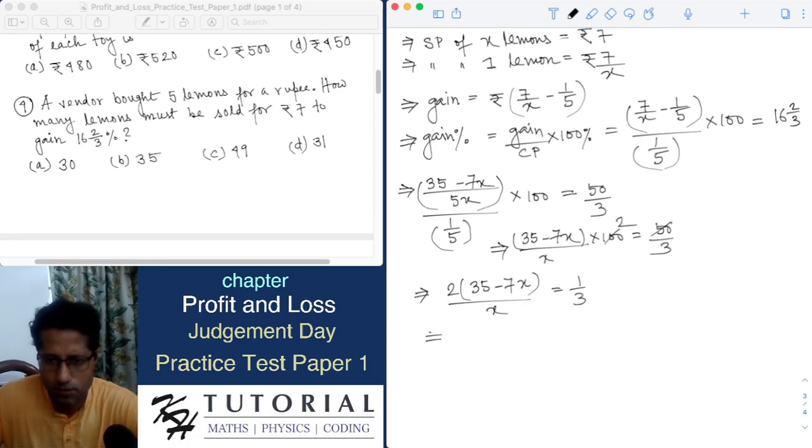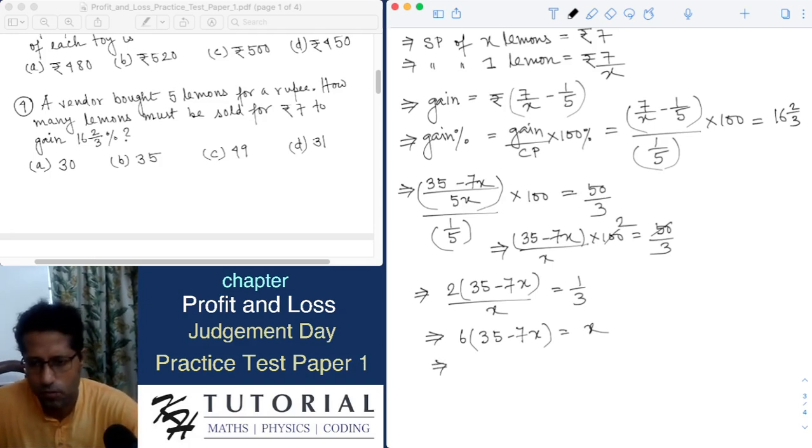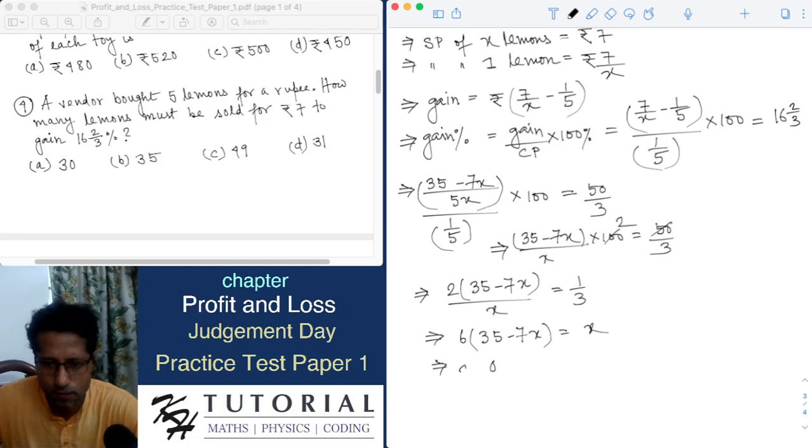Now if you do cross multiplication, you have to solve for x. If you do cross product, we get 6 into 35 minus 7x equals x. This implies, if you do the products on the left hand side and open the bracket, we get 210 minus 42x equals x. This implies 210 equals 43x. This implies x equals 210 divided by 43.